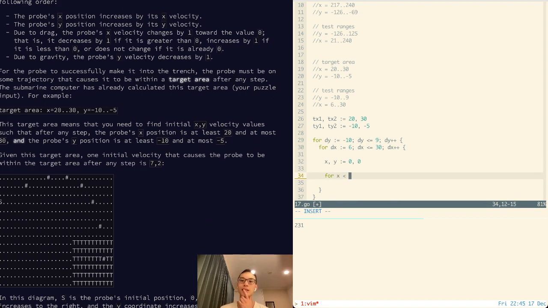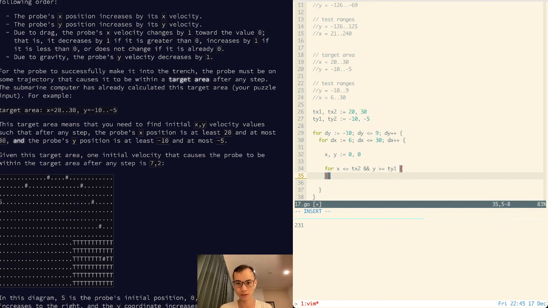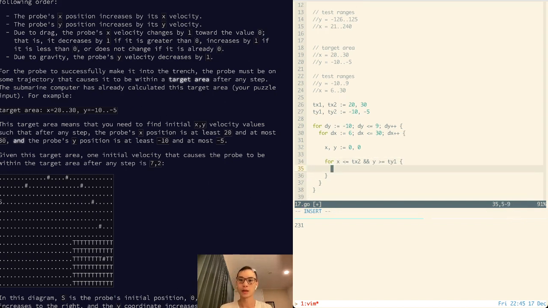So while x is less than or equal to tx2 and y is greater than or equal to minus 10, which is ty1. Oh, that's confusing. We do the thing, right? We do the thing.